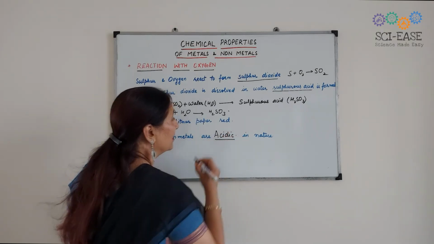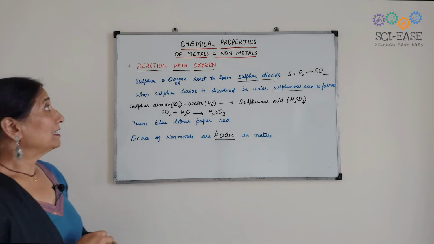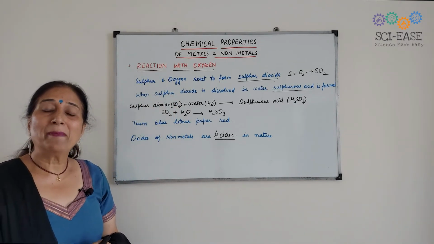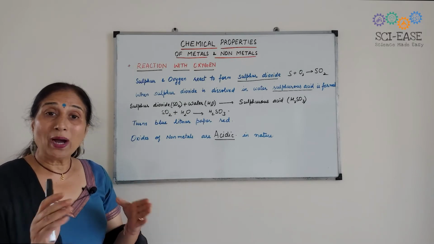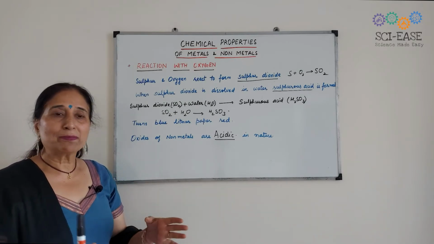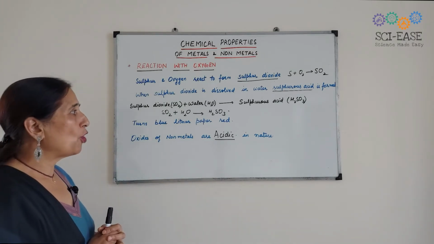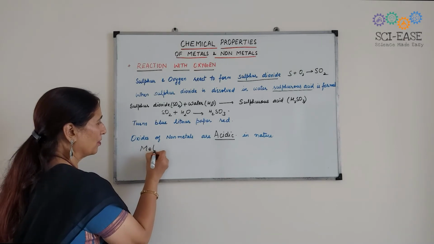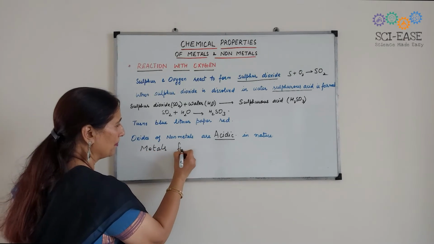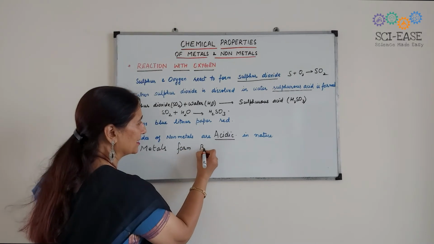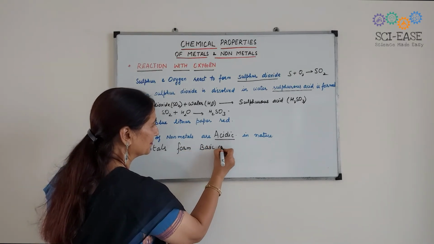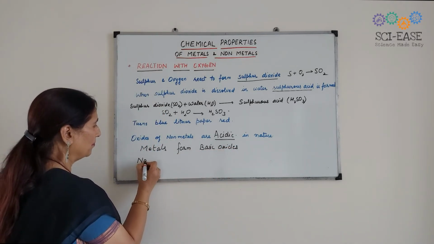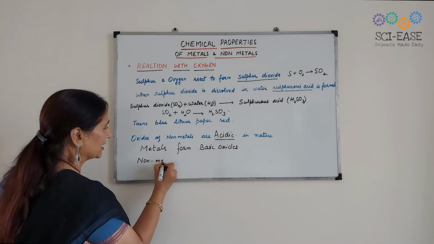So here, while studying the reaction of oxygen with metals and non-metals, one thing we have observed, that metals form basic oxides and non-metals form acidic oxides.